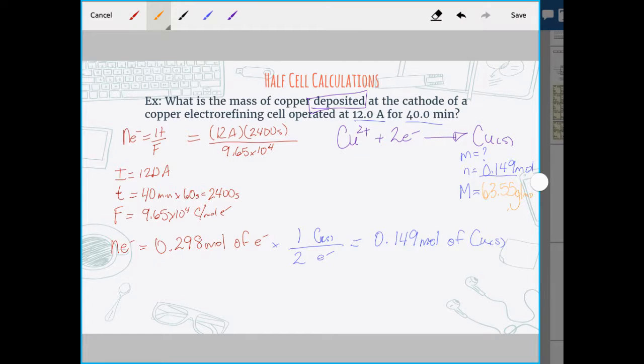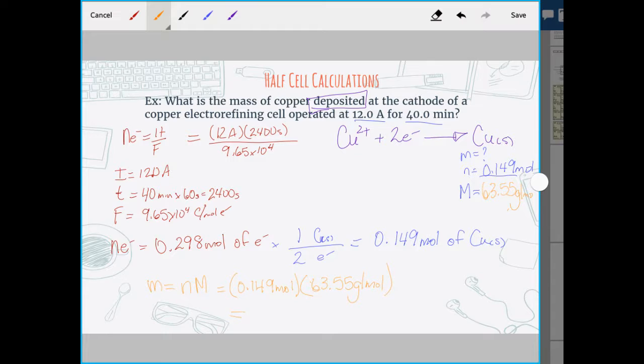When I go to calculate my mass, which I'm just going to do at the bottom here, my mass is equal to my moles times my molar mass. This formula you should be very familiar with as of now. My moles is equal to 0.149 times my molar mass of 63.55 grams per mole.